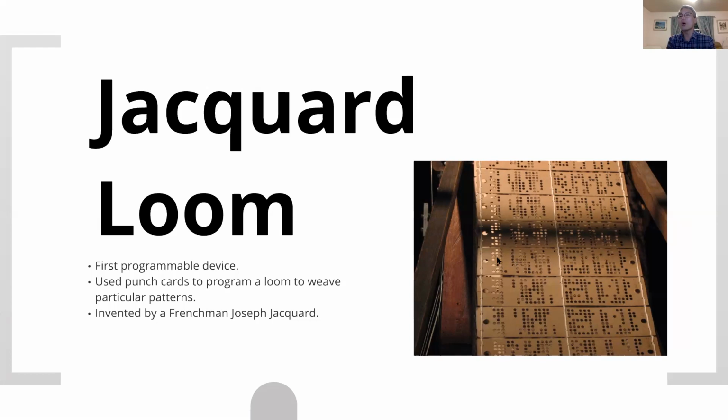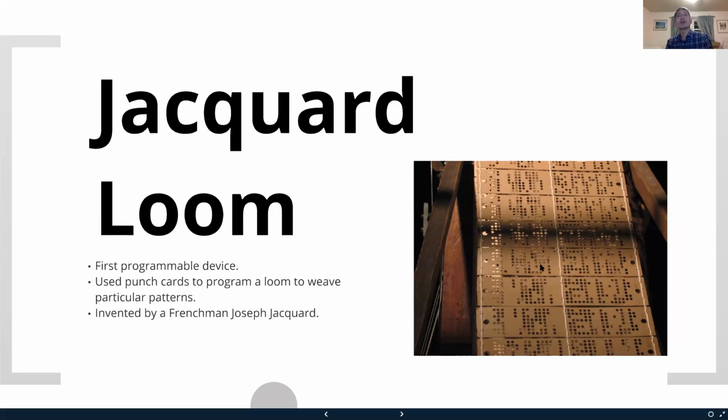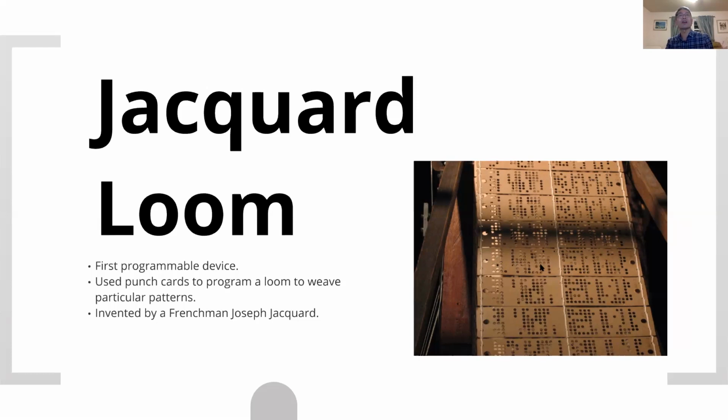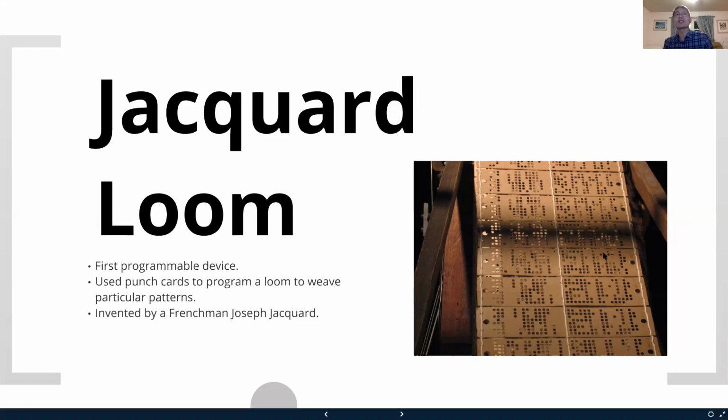The 0 or 1. So it's a binary number. Which means if we can convert binary to decimal, binary to hexadecimal, using this loom we are able to represent any number. So this is kind of the first programmable device, the Jacquard loom.